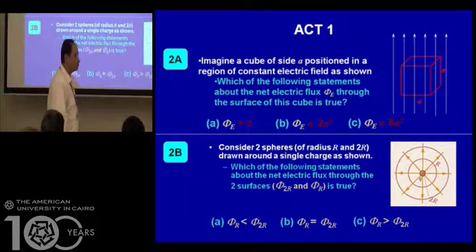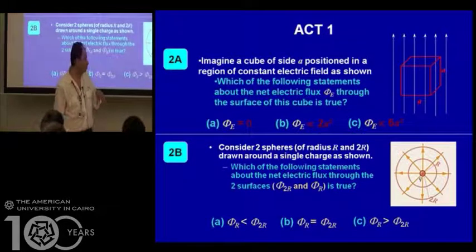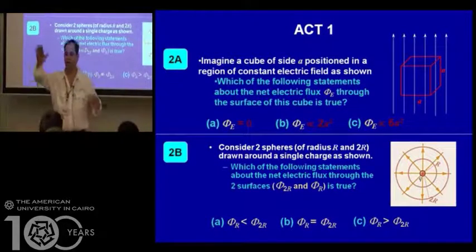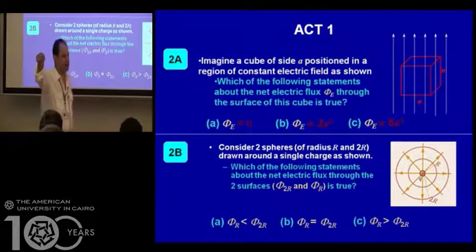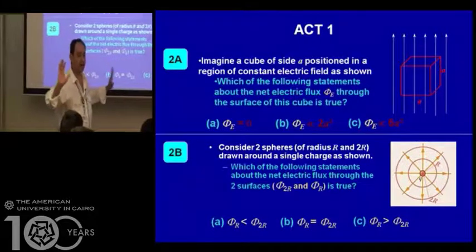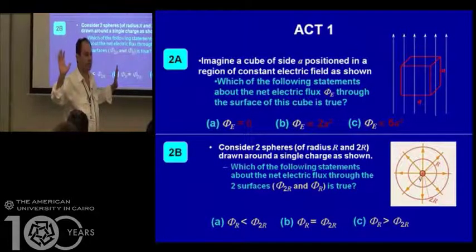Why? The area will be bigger, and every electric field will be directed in the small one. Who said that? Can you say that again out loud? Bishoy said, I will not do it mathematically, I will not calculate it.